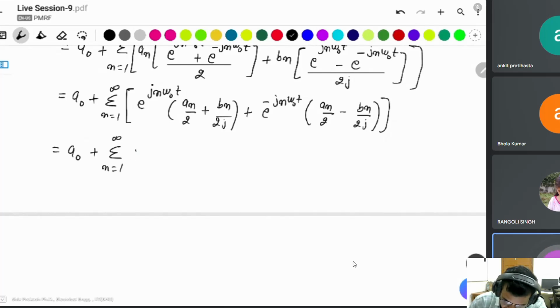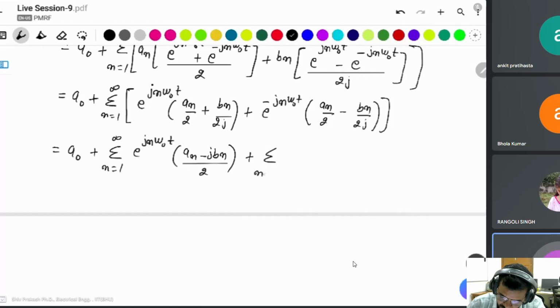Then the whole function will be the summation of e^(j n omega naught t) into (an minus j bn) divided by 2, plus the summation from 1 to infinity of e^(-j n omega naught t) into (an plus j bn) divided by 2.